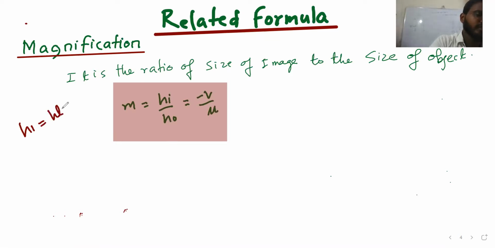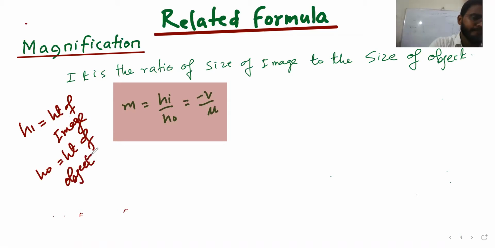Height of image. Ho is height of object. V is image distance. U is object distance.